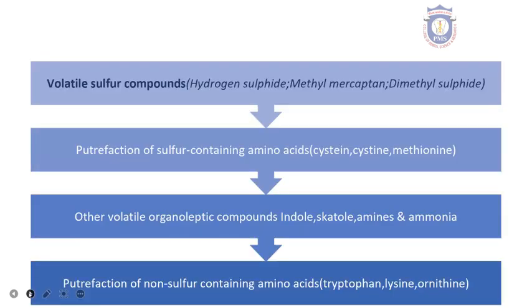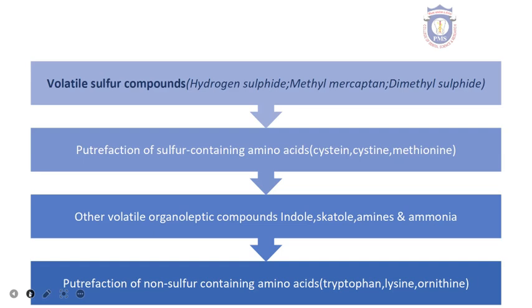So, what are volatile sulfur compounds? Volatile sulfur compounds can be hydrogen sulfide, methyl mercaptan, and dimethyl sulfide. These are formed by the putrefaction of sulfur-containing amino acids like cysteine, cystine, and methionine.